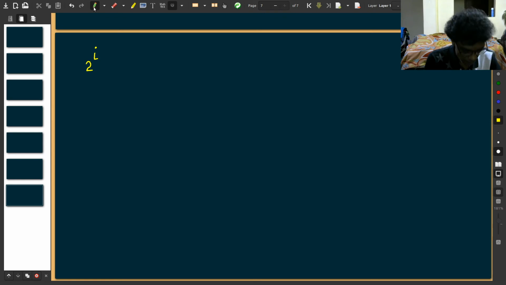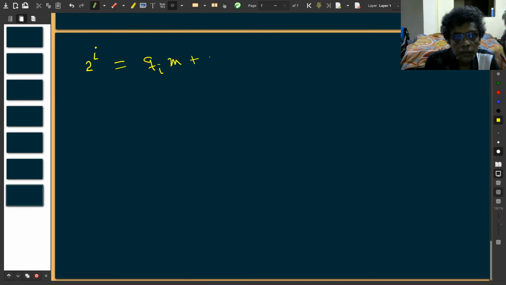and have 2 power i is equal to some qi m plus remainder ri, and 2 power j is qj m plus rj.